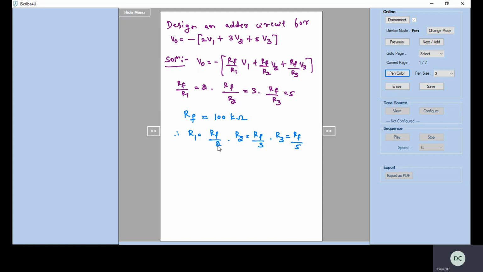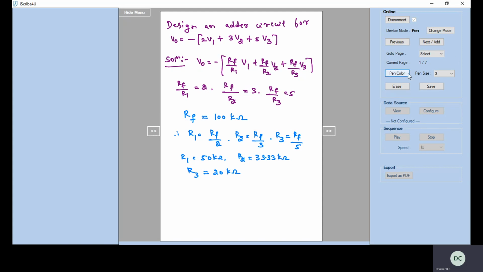So R1 is equal to 50 kilo ohms. R2 is equal to 100K divided by 3, you will get 33.33 kilo ohms, and R3 is equal to 100 by 5, which is 20 kilo ohms.